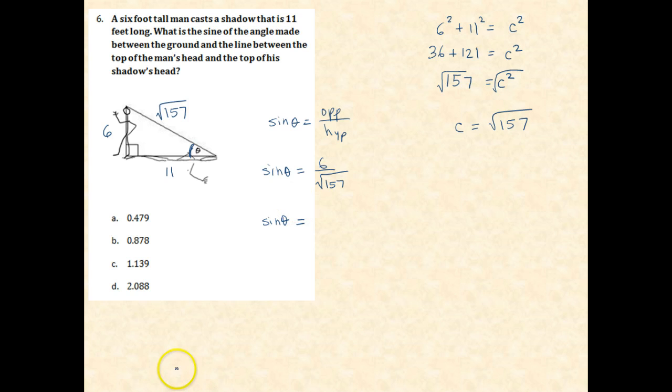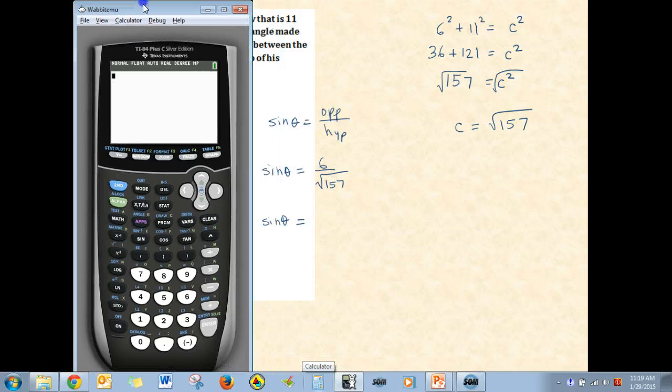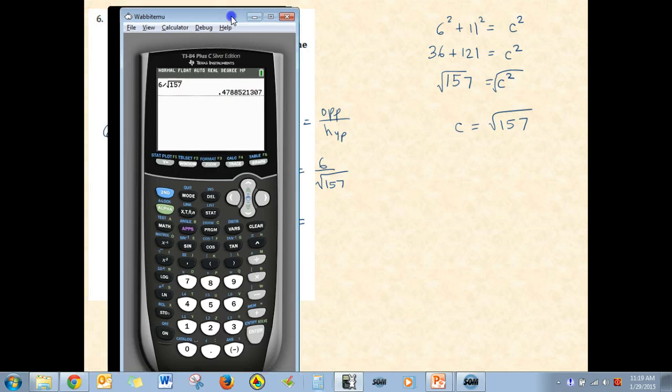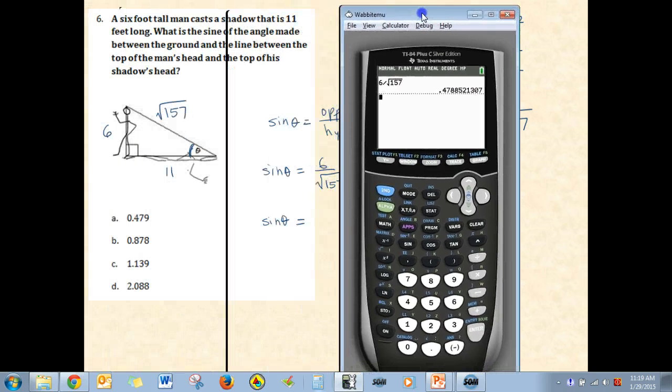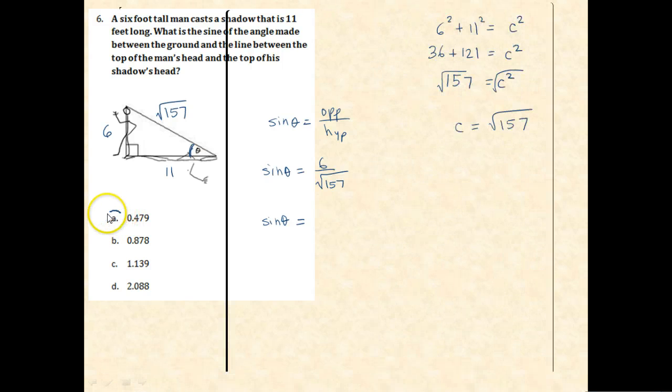Sine of theta equals 6 divided by the square root of 157. And that's 0.4788, which looks like it'll round to this guy right here.